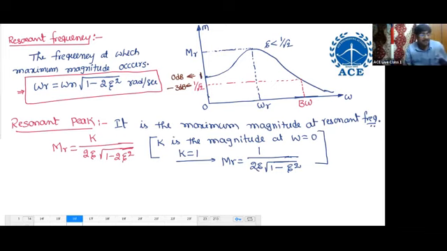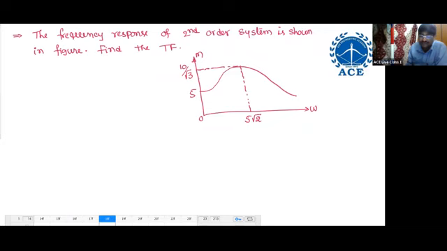MR formula: K by 2 zeta root of 1 minus zeta square. Here I had written it wrong. What is MR? MR equals K by 2 zeta root of 1 minus zeta square.